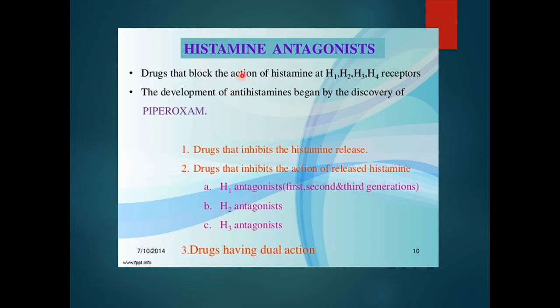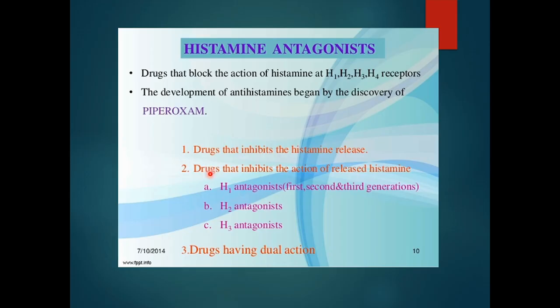So what are histamine antagonists? Drugs that block the action of histamine at H1 or H2 or H3 or H4 receptors are called histamine antagonists. And these histamine antagonists are of three types: drugs that inhibit the histamine release.